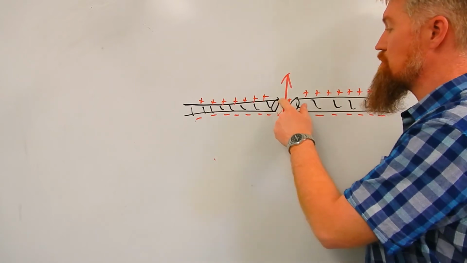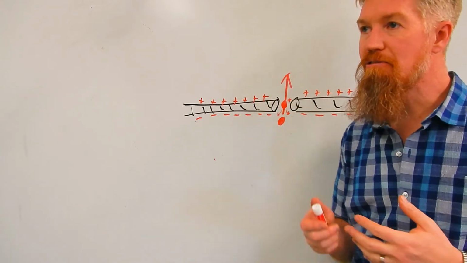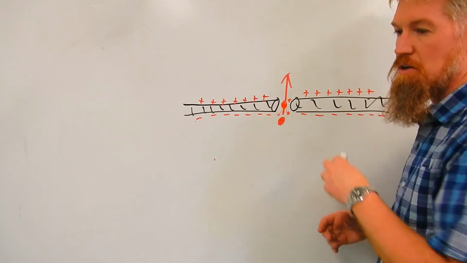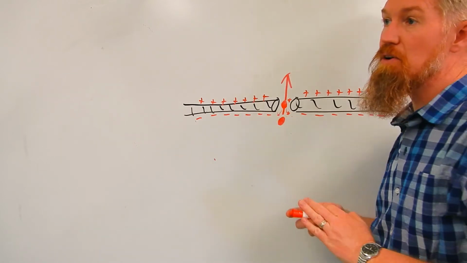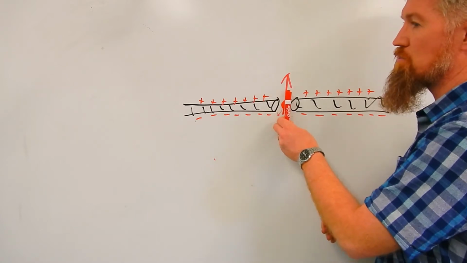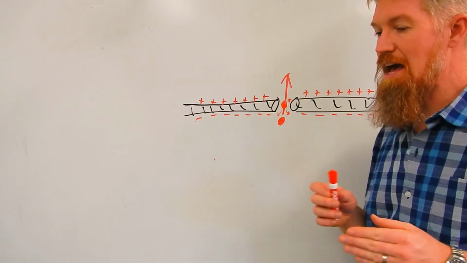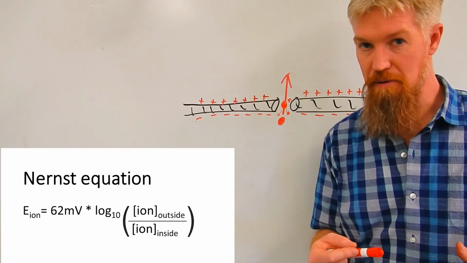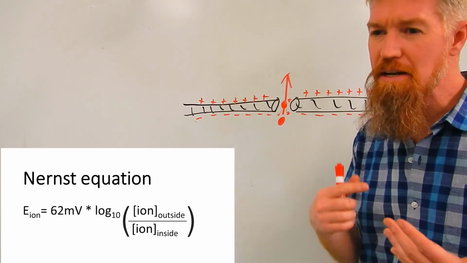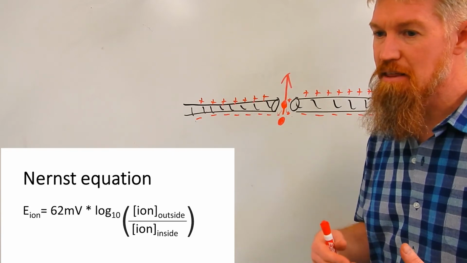Well, that ion can move its way across, but at some point it's going to stop. The force of the charge pushing it back where it came from will equal the force of the ions moving down their concentration gradient. When that happens, you reach equilibrium. The Nernst equation tells us about at what charge across the membrane that will happen.